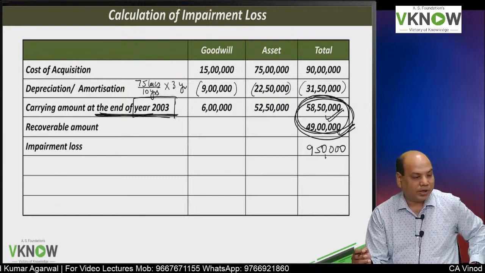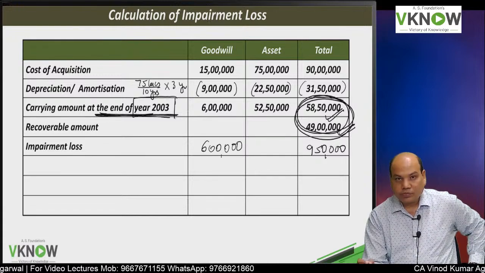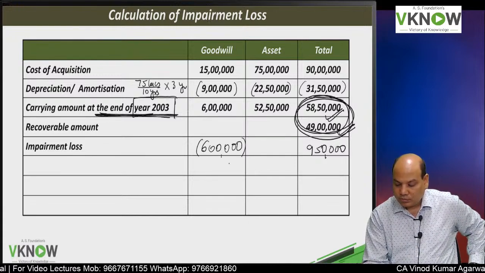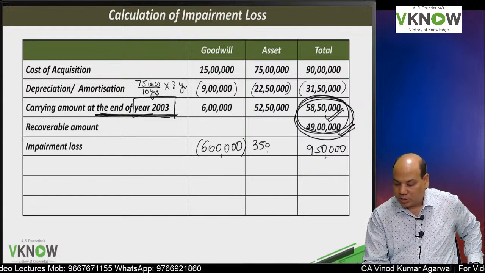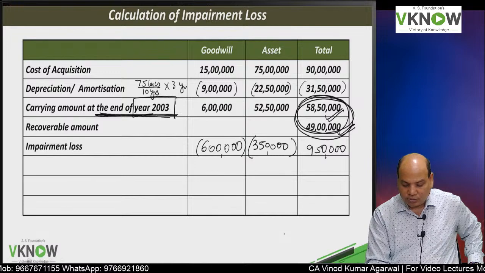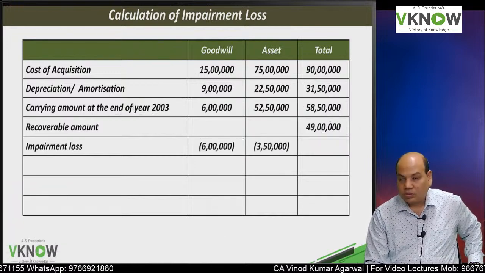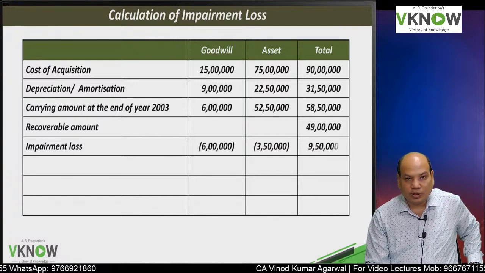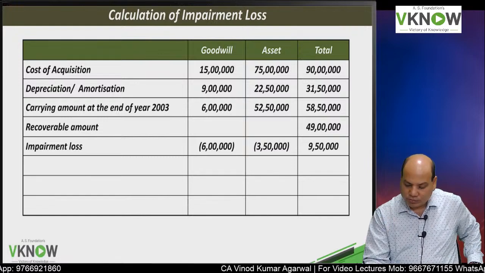How do you allocate it? First you will allocate 6 lakh rupees towards goodwill. Goodwill will be impaired first, and the balance 3 lakh 50,000 you are going to allocate towards the asset. Write down please. 6 lakh allocate to goodwill, 3 lakh 50,000 allocate to asset. Already discussed in the last 2 lectures.